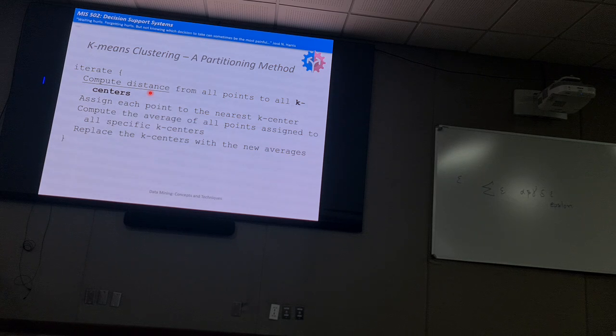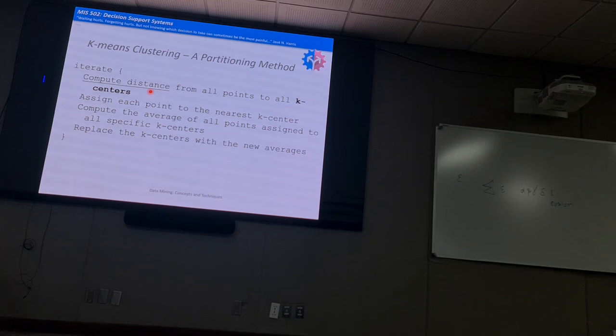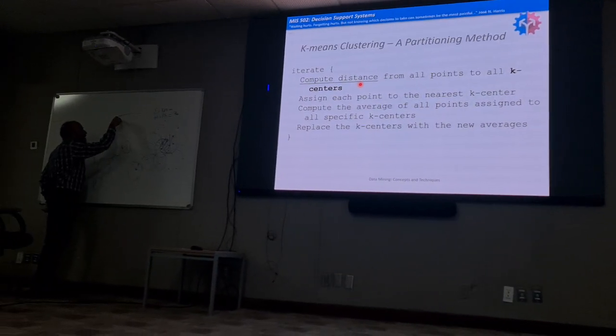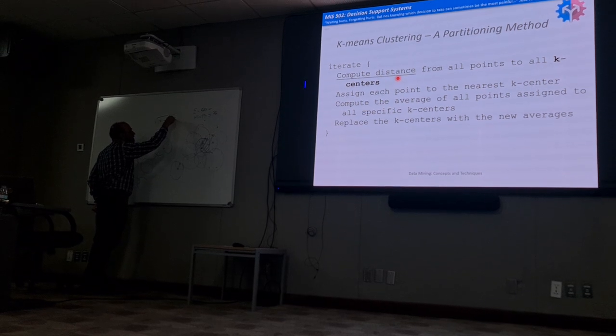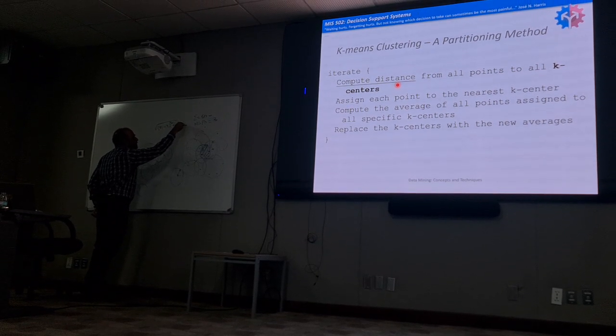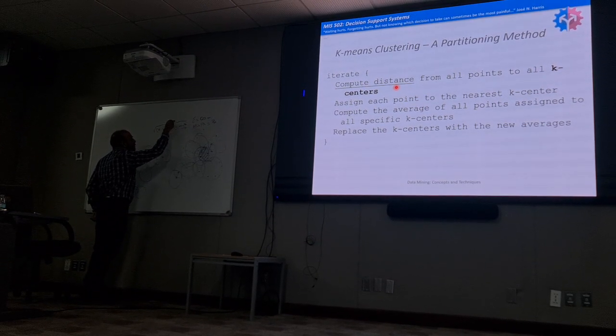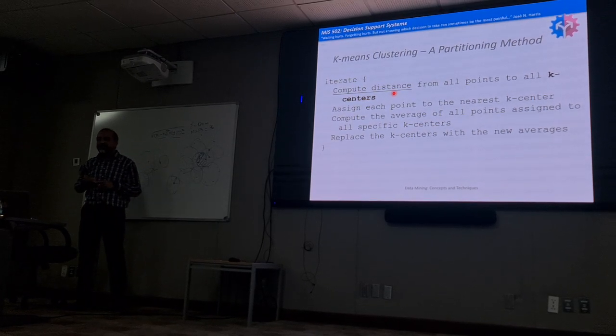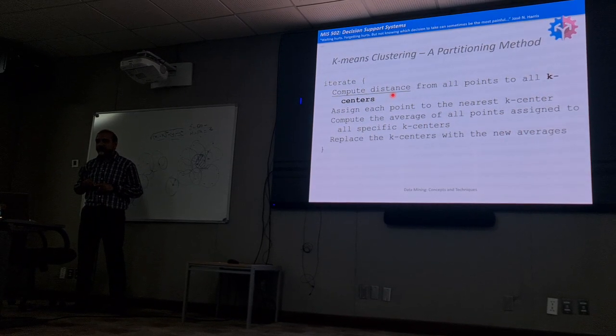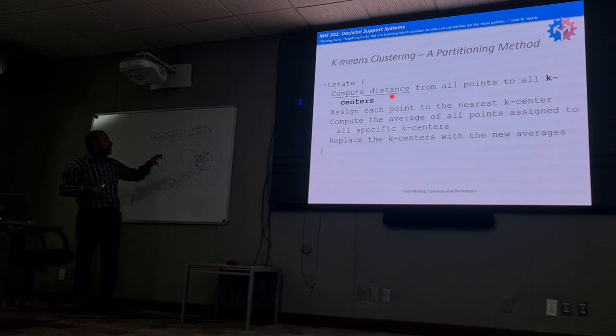So what is the formula for Euclidean distance with two features? Square root of (x1 minus x2) squared plus (y1 minus y2) squared. Two features, right? And you're trying to see the difference between them. So this is computing the distance over the center.